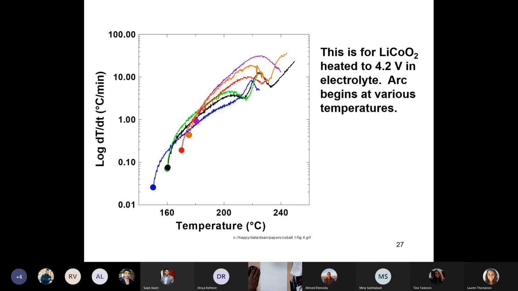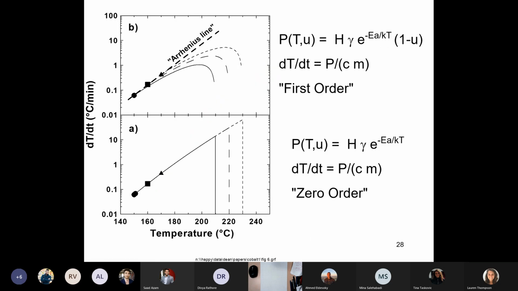Okay, so we need to consider for a moment what should happen when we force an accelerating rate calorimeter to a higher temperature. What should we see? So let's do that. We'll plot the self-heating rate versus temperature, and we'll assume that there's a first order reaction going on.